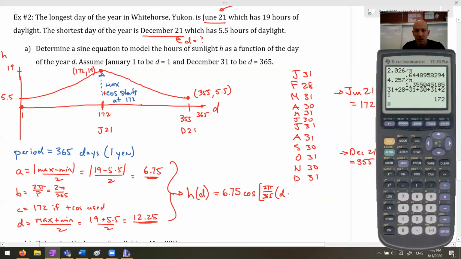Same idea though. And we're going to go minus 172. Close that all up and we'll add 12.25. And there we go. We've figured out an equation that if I know the actual number of the day of the year, I can use this equation here.